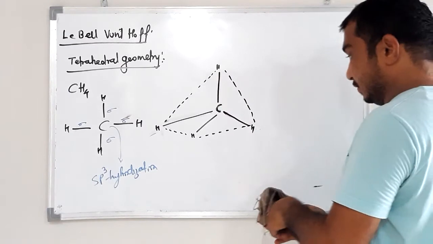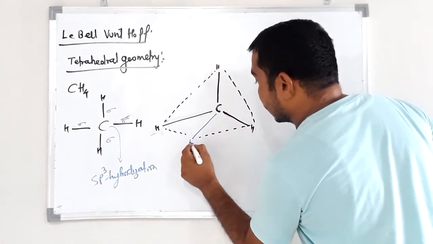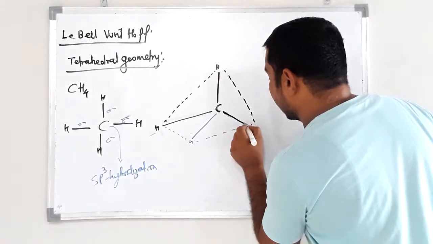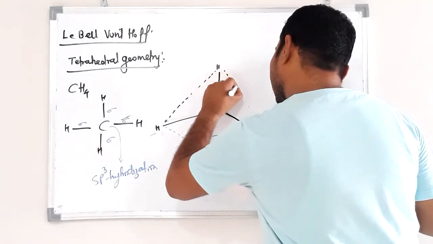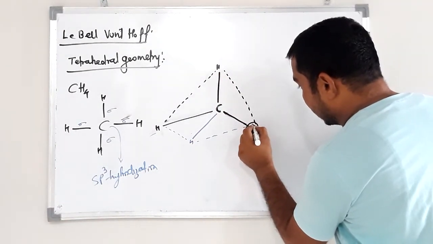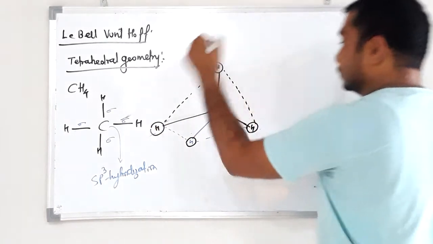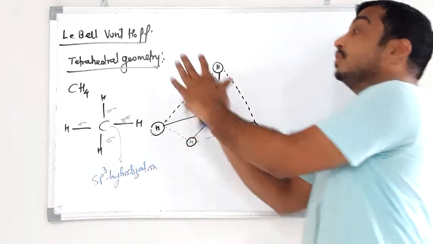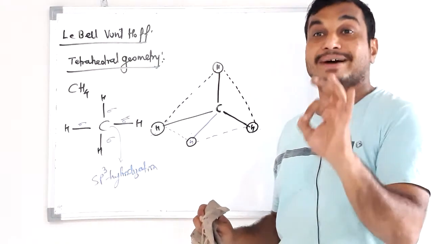This type of arrangement is the actual structure of methane, or any carbon-containing compound with 4 sigma bonds.